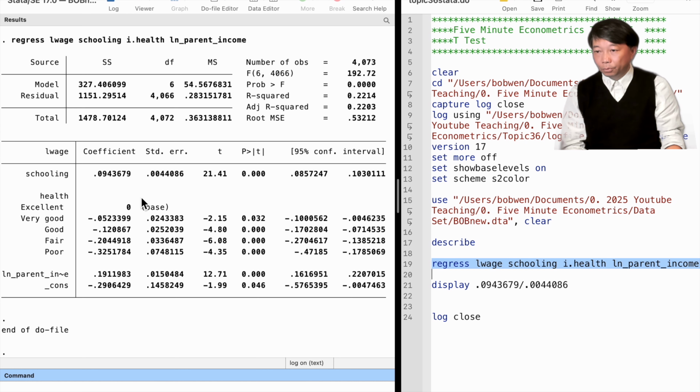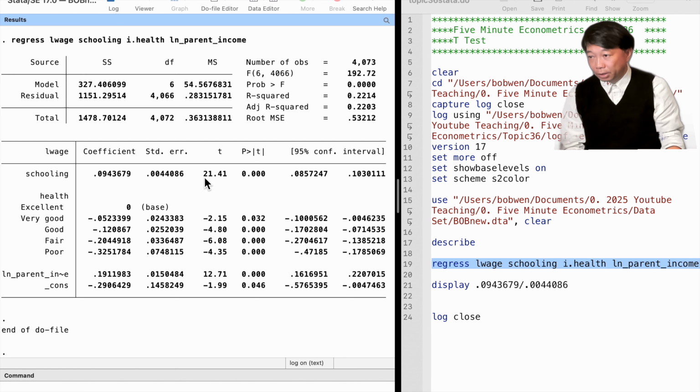Our regression results show that the T-statistic for schooling is 21.41, which is much higher than the critical value of 1.645, indicating that education has a significantly positive effect on hourly wages after considering workers' health status and family background. Each additional year of schooling increases wages by about 9% on average.